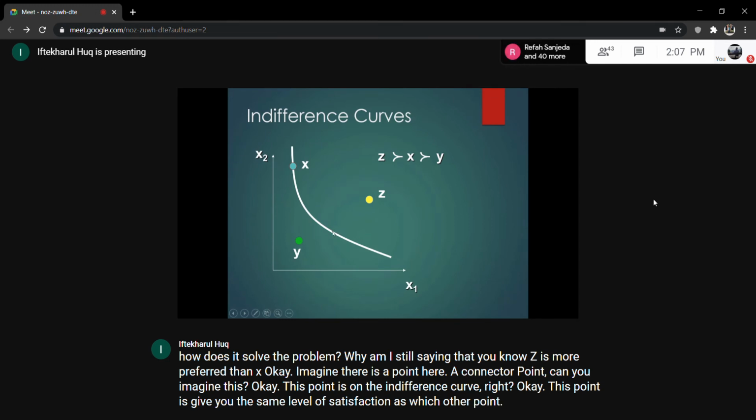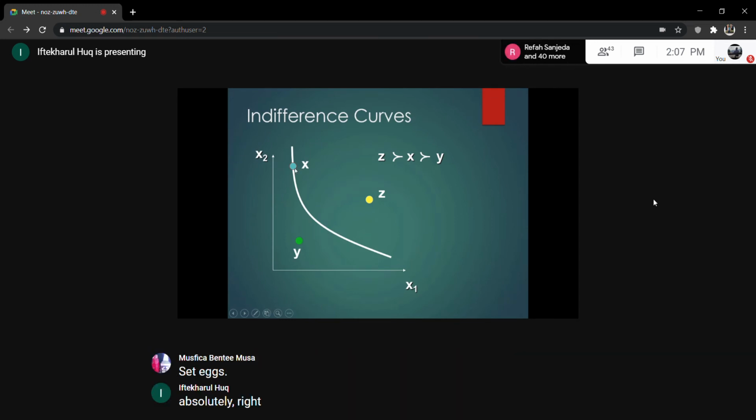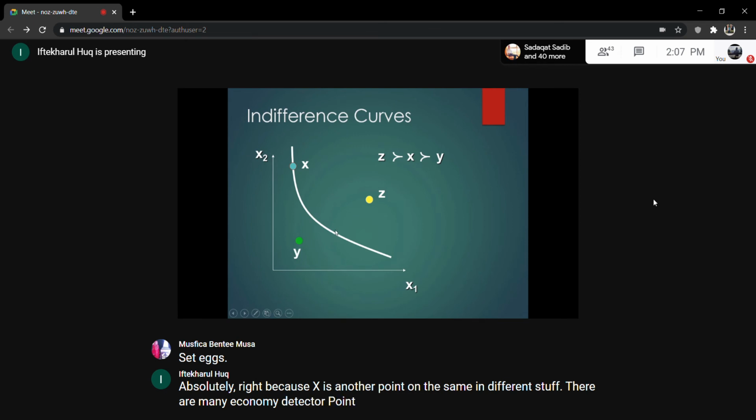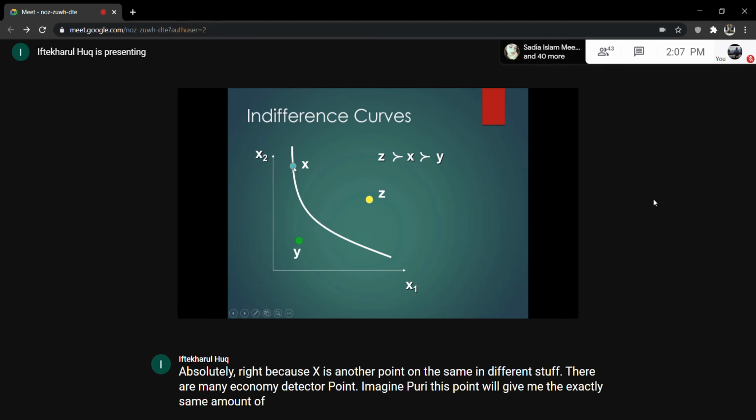Sir, x. Absolutely right, because x is another point on the same indifference curve. So this point will give me exactly the same amount of satisfaction as point x. Now from this bundle if I go to Z, will I get more x1?